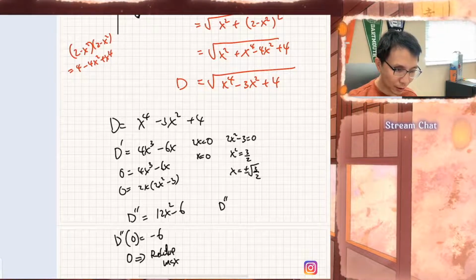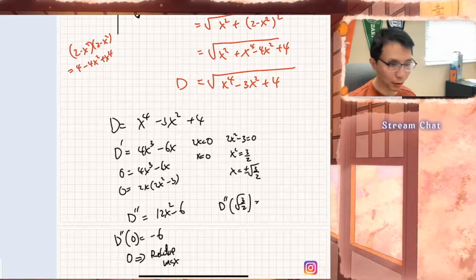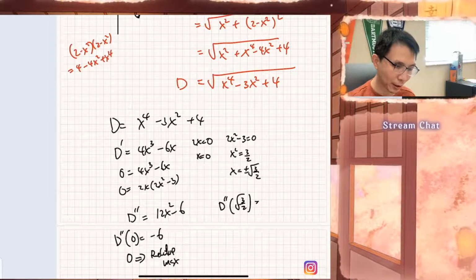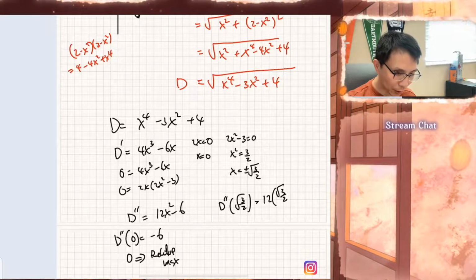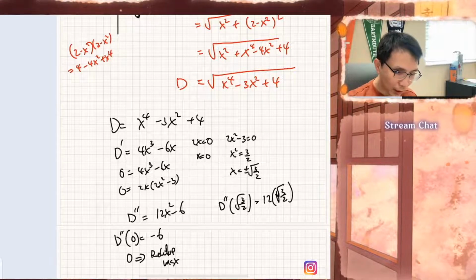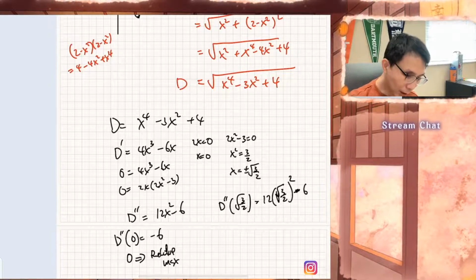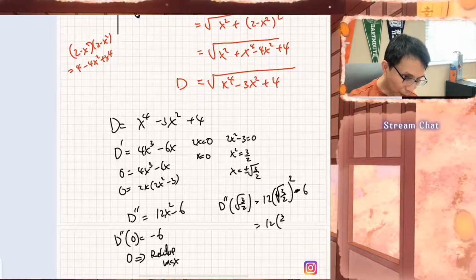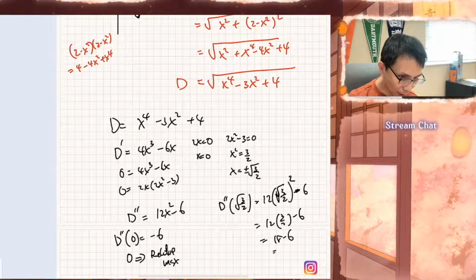Now let's do d double prime of square root 3 over 2. It doesn't matter if it's negative square root 3 over 2 or positive square root 3 over 2. They're always going to give the same thing in this case. So it'll be 12 times square root 3 over 2 squared, minus 6, sorry. That's equal to 12 times 3 over 2, minus 6, that's 18 minus 6, equal to 12.